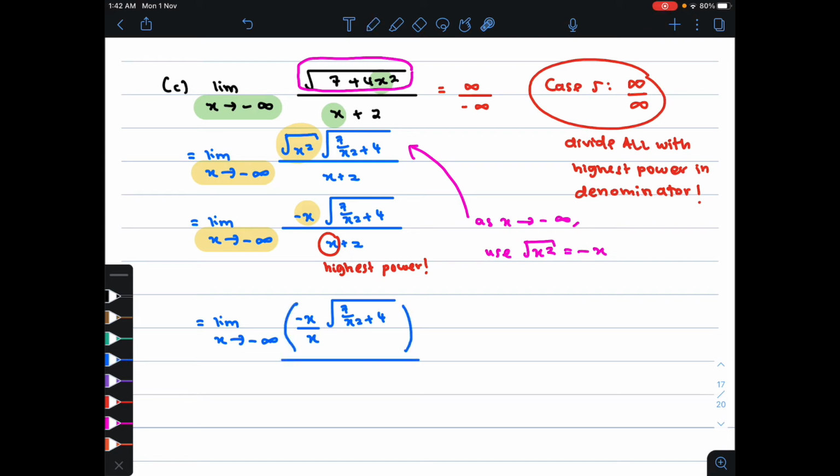Now let's do for the denominator. Denominator has two terms. So each term should be divided by x. Now let's simplify everything. For the numerator, x can be divided by x. And for the denominator, x can be divided by x.